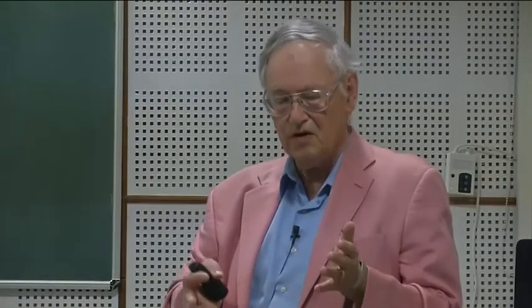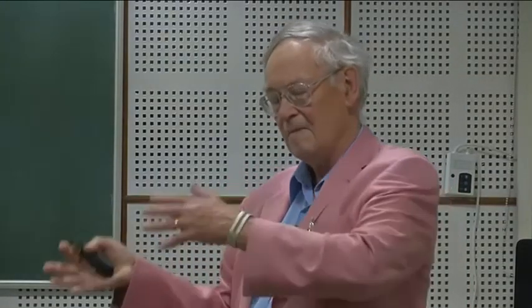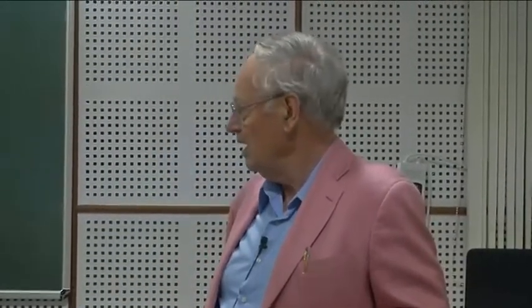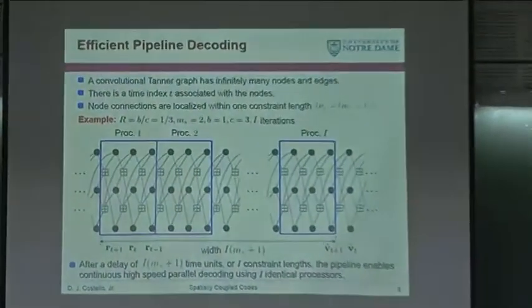So the complexity of a processor is the same for the original block code and for this derived convolutional code. Now you need I identical copies of this processor, and you need a larger delay here.